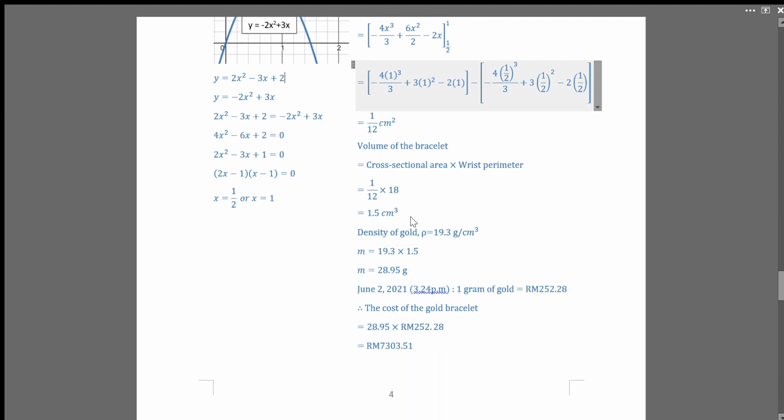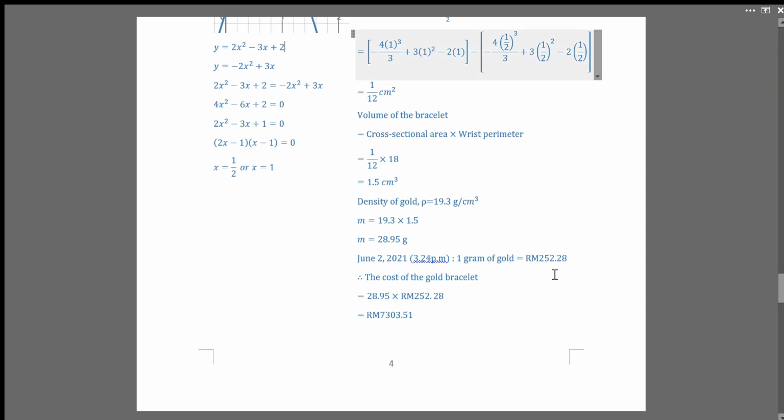So same as the previous question, I use the density formula and then I find the mass and then I multiply it with the price per gram of gold and I get my cost of gold bracelet, 7,303.51 ringgit.